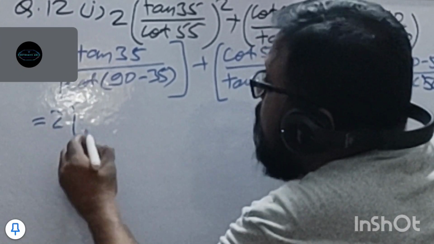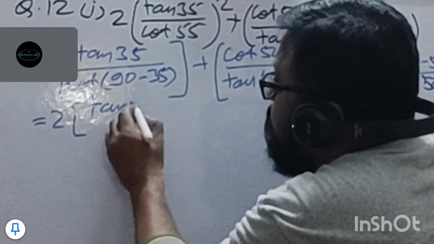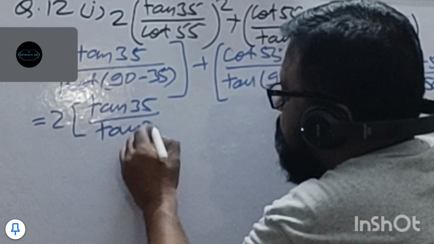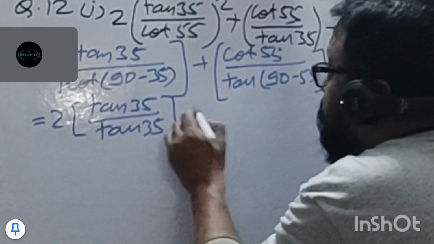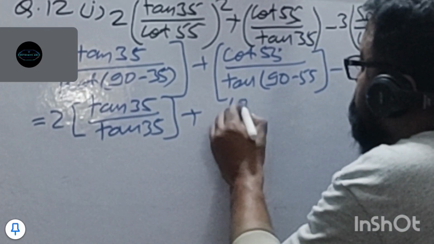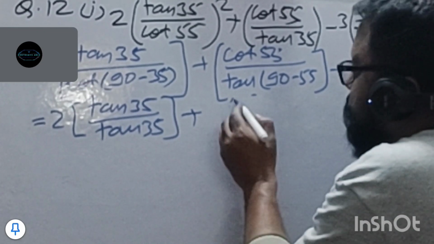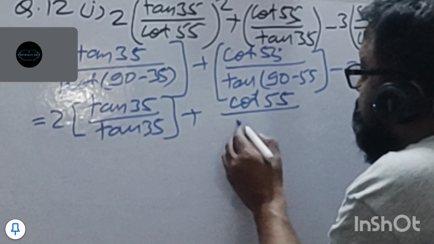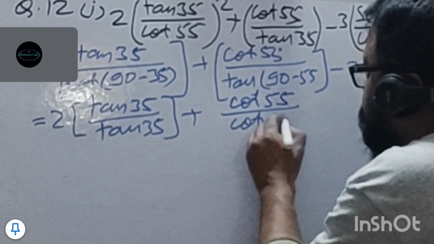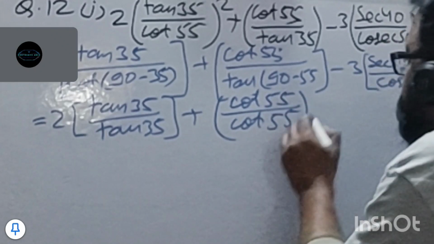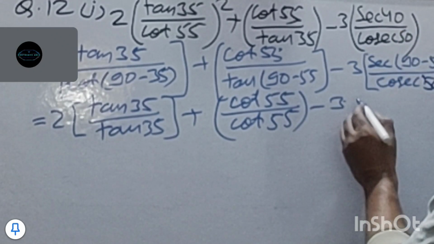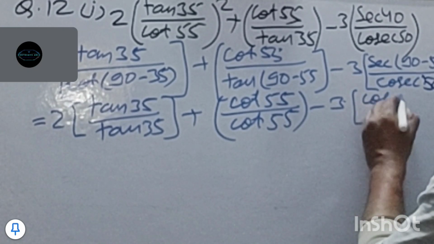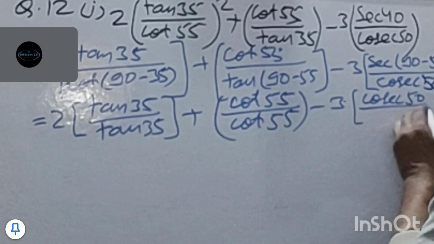So you get 2 tan 35 upon tan 35, since cot 90 minus 35 becomes tan 35, plus cot 55 upon cot 55, since tan 90 minus 55 becomes cot 55, minus 3 into cosec 50 upon cosec 50.